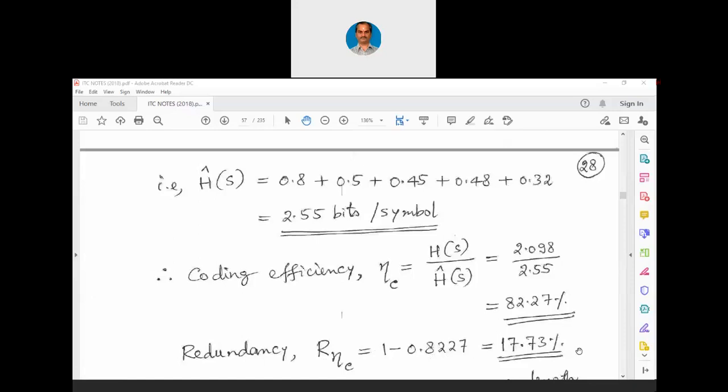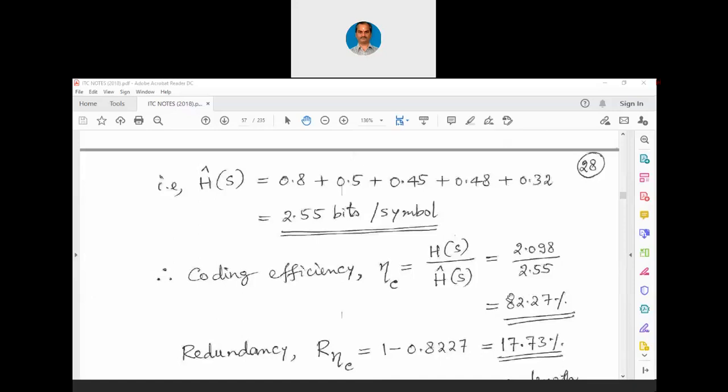that is 17.73%, which means that the coding we have performed right now using Shannon's algorithm is about 82% efficient and about 18% deficient. In the sense, about 18% of the redundancy is still there in this particular coding system, and nearly 82% efficiency is there.